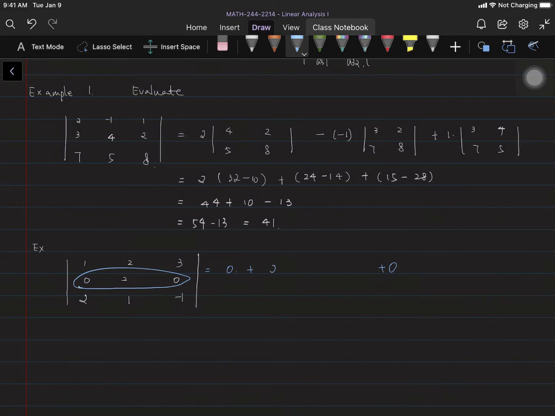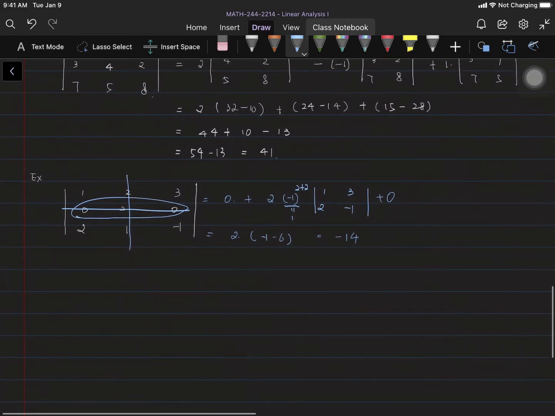The second number is 2, and its cofactor is minus, crossing out that row and column: 1, 3, 2, negative 1. So the number is 2 times, this is positive, 1, negative 1 minus 6, negative 7. So this is negative 14.